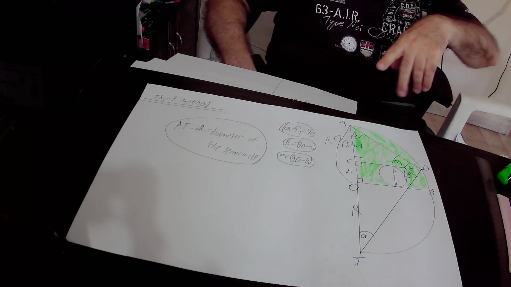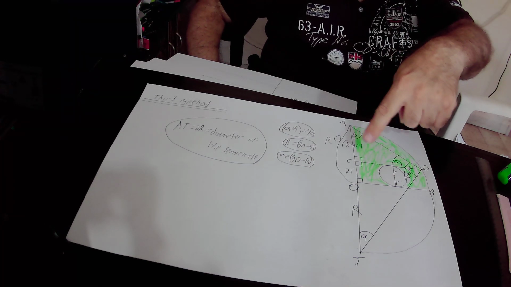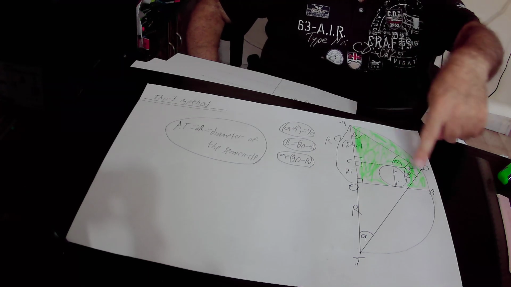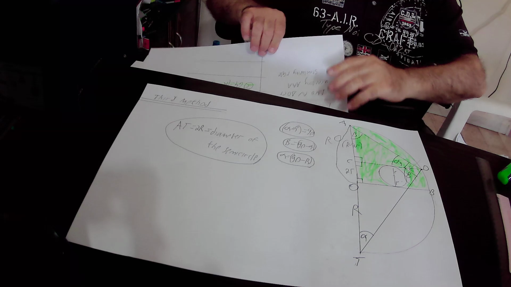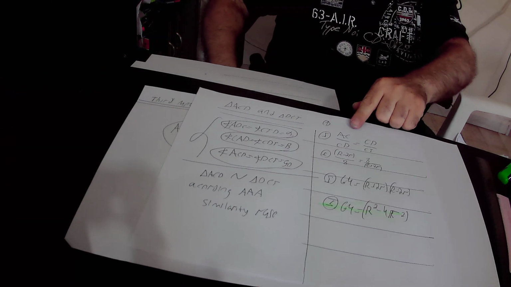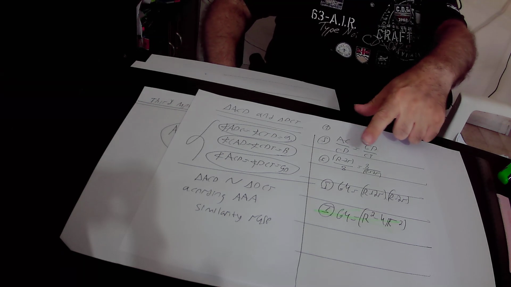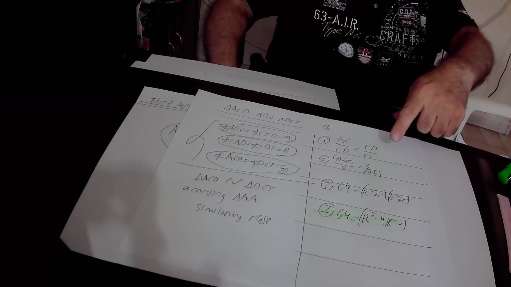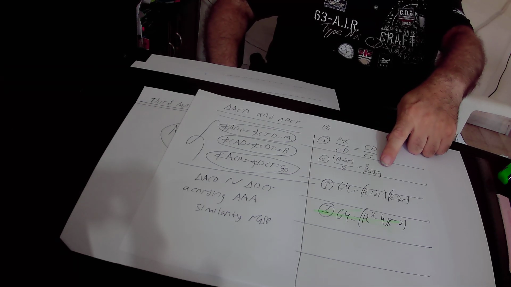And from the fact that those two triangles are similar to each other, we derive that AC over CD equals CD over CT. AC is capital R minus 2R, CD is 8, and CT is capital R plus 2R.